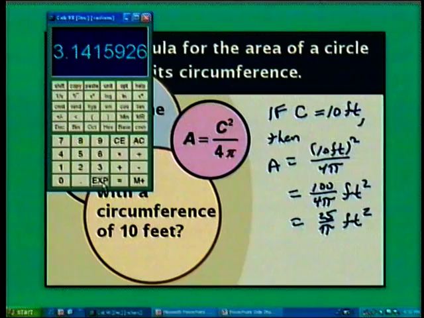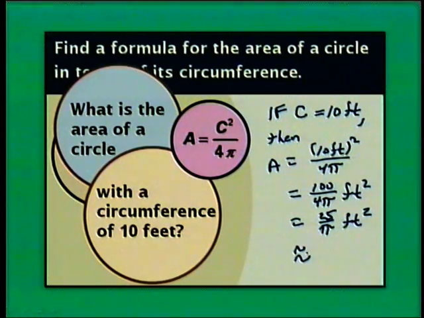So when I hit my equal sign and I get this number, 7.9577471, even if I wanted to write down every single one of those digits, I would still have to use a squiggly equal sign because this is an approximation. I'm just going to write down a few of these digits. This number rounds up to 7.96, so the area of our circle is about 7.96 square feet.